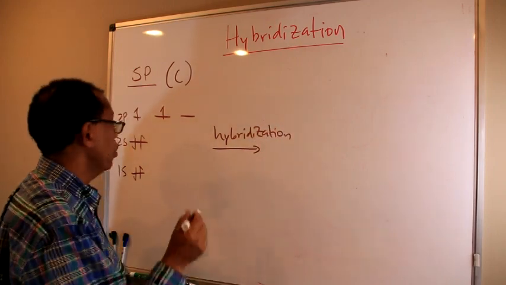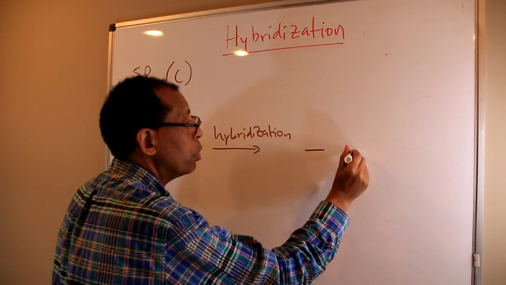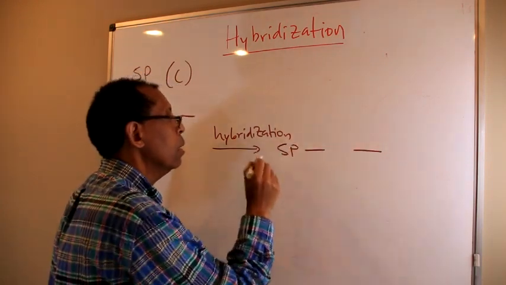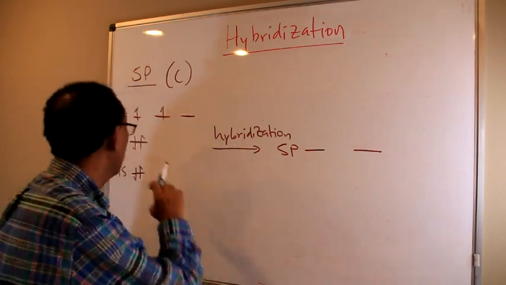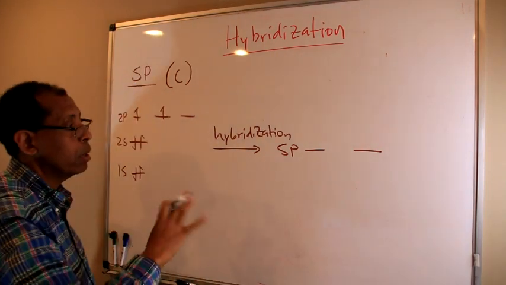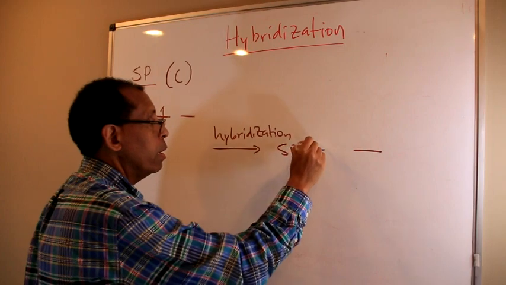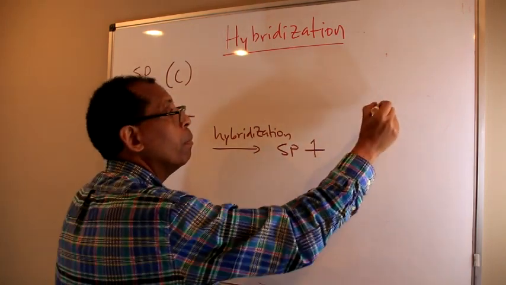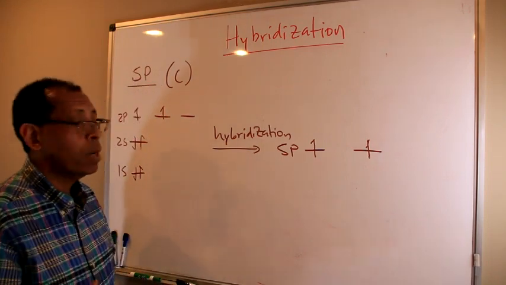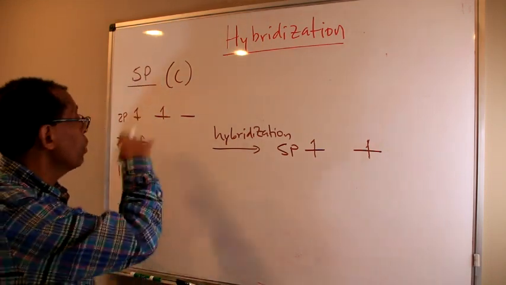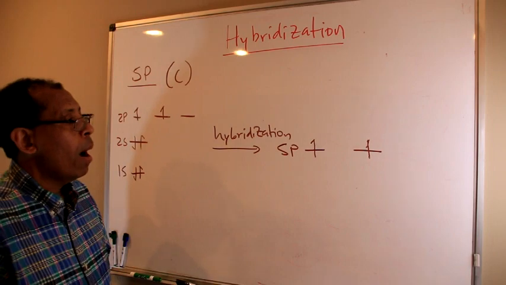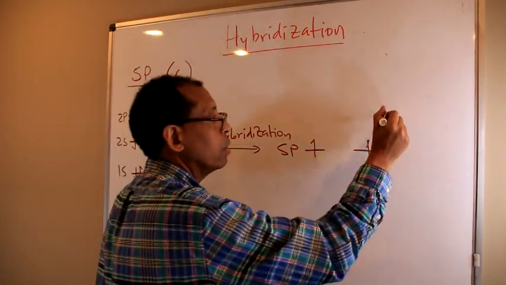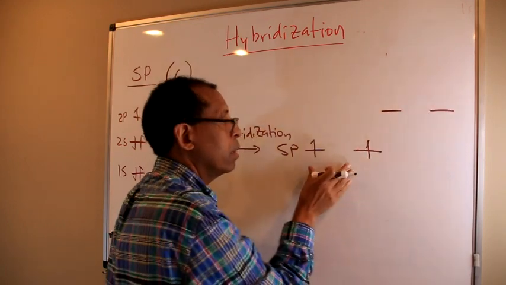The hybridization would give you 2 degenerate sp hybridized orbitals. That means one s and one p would hybridize, and they will contain 1 electron each. But remember, the remaining 2 unhybridized p orbitals are at a higher energy level than the hybrid orbitals.